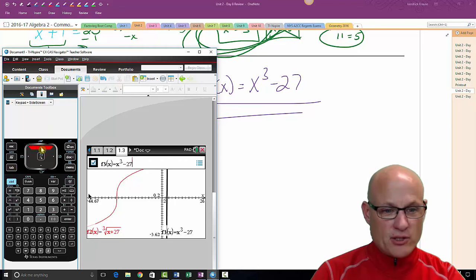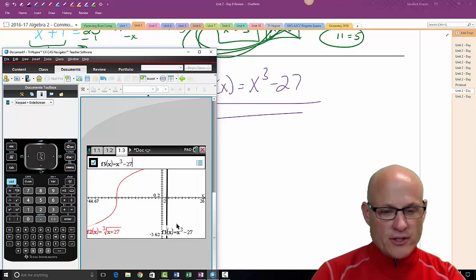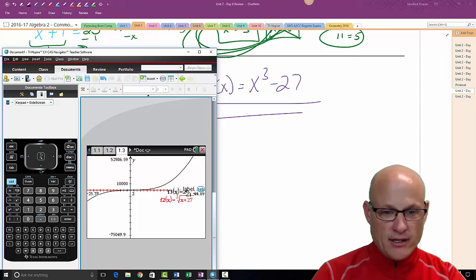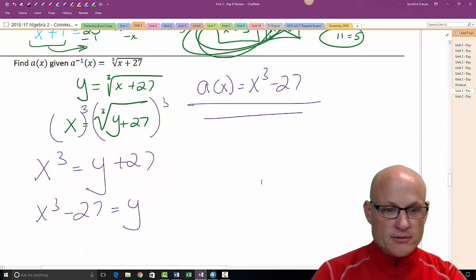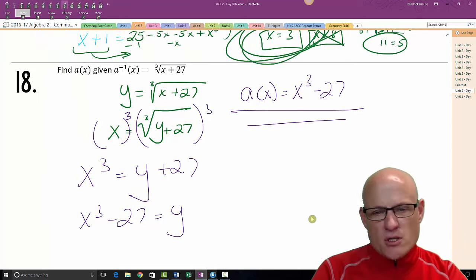Oh, I'm not hitting tab. I'm hitting control. X cubed minus 27. Menu, window, zoom fit. I don't know. Looks like, I think I'm right. Maybe I'm wrong. Maybe you're going to find something out.